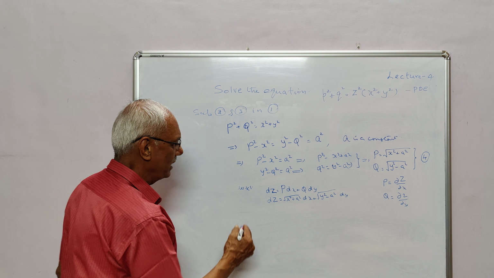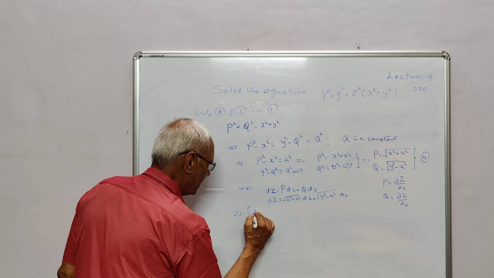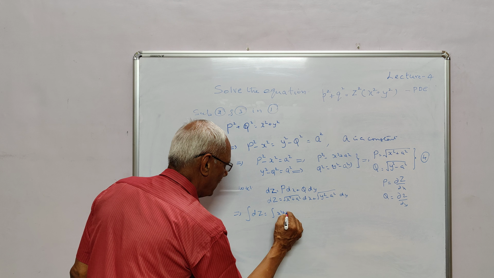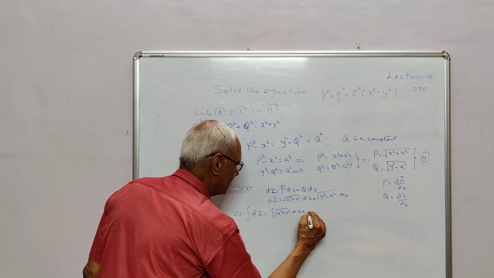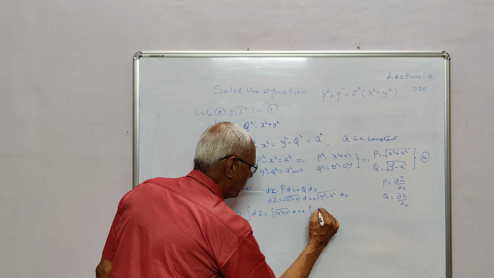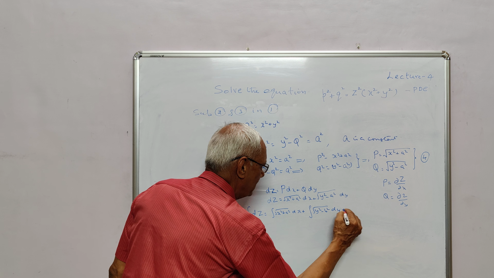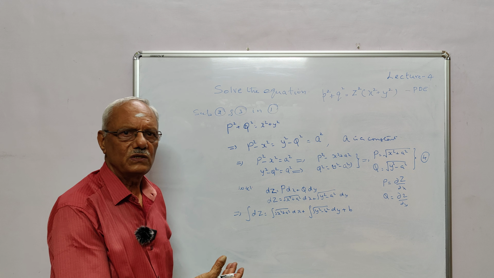So integrating this, the integral of d capital Z is equal to the integral of the square root of X squared plus A squared dx plus the integral of the square root of Y squared minus A squared dy plus necessarily a constant of integration. Now you see that I got the solution.